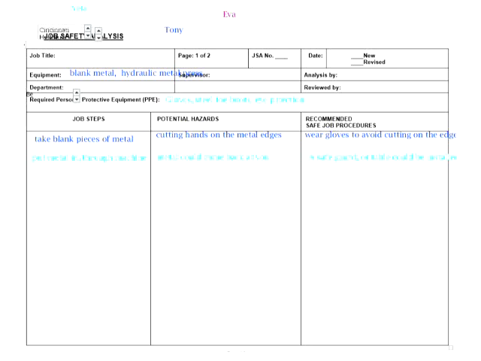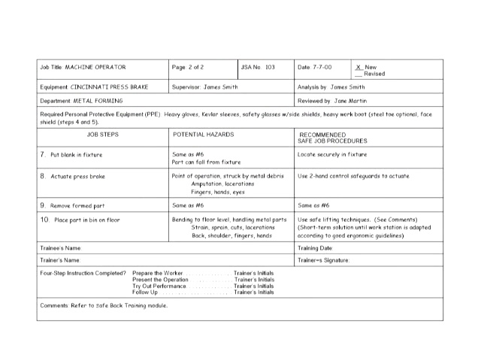Okay. For job steps, I put take blank pieces of metal. For potential hazards, I put cutting hands on the metal edges, and recommended safety procedures, wear gloves to avoid cutting on edges. Awesome. Good. Okay, thank you very much. That's exactly right. Great.